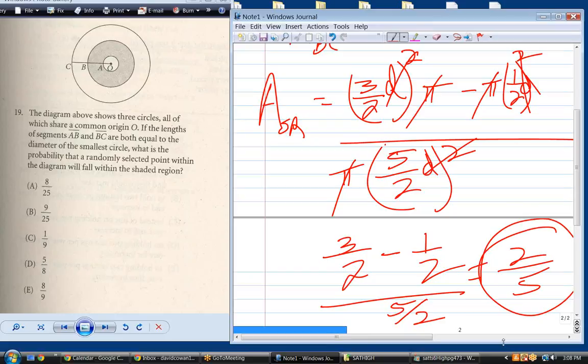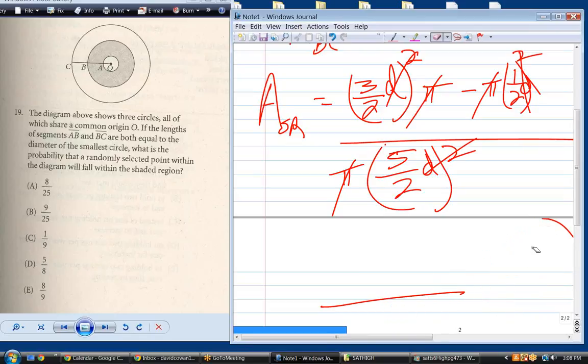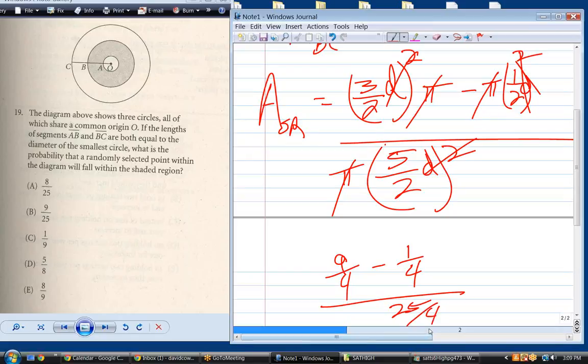Ah, I see why. These numbers, 3/2, were squared. In other words, I couldn't just cancel the D squared. That squared applies to the 3/2, it applies to the 1/2, and it applies to the 5/2. So these numbers are not what I said they were. It's going to be 9/4 minus 1/4 all over 25/4.